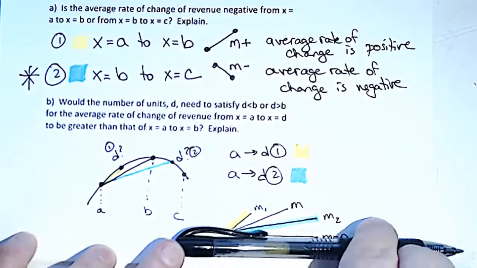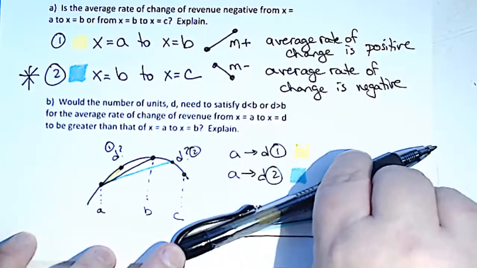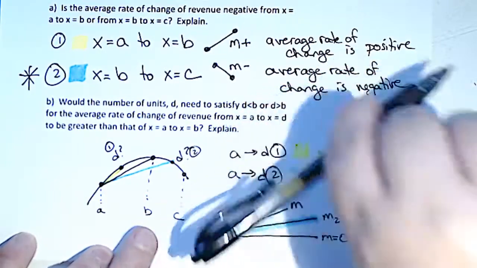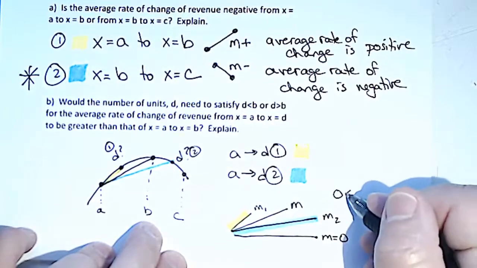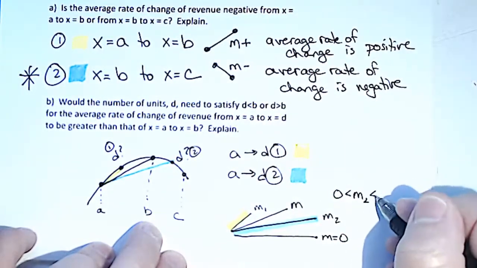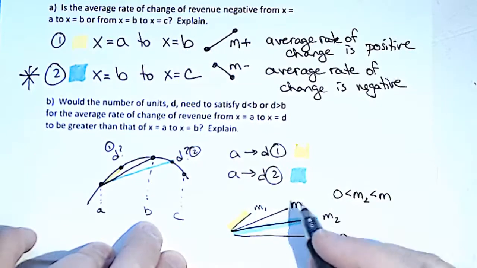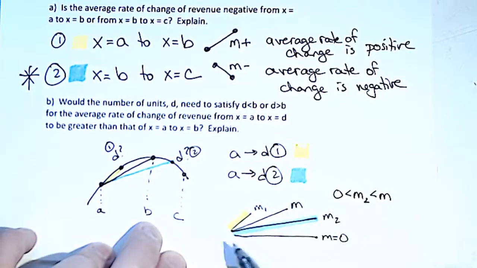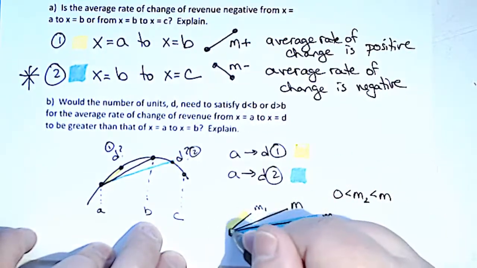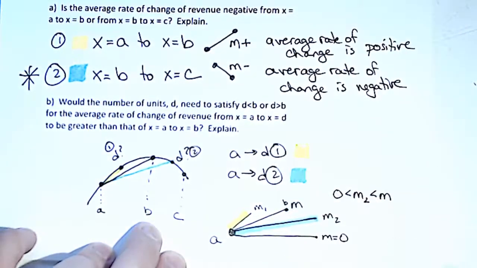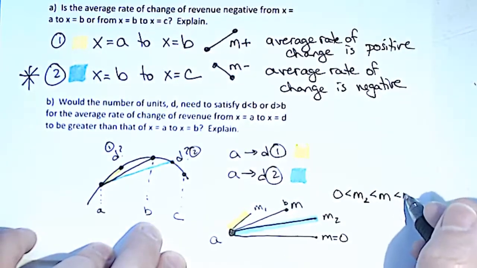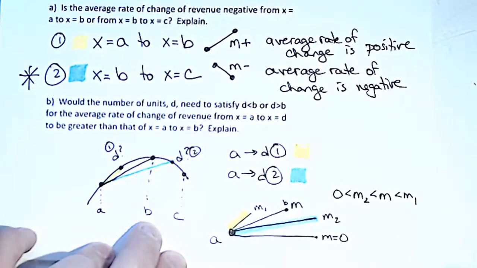As this line segment starts to tip up and get steeper, the slope will get steeper. So I've got 0 is less than M sub 2 is less than the regular slope. The regular slope is the one that goes from A to B. So this big old point is A. This is B. And that's smaller than M sub 1.